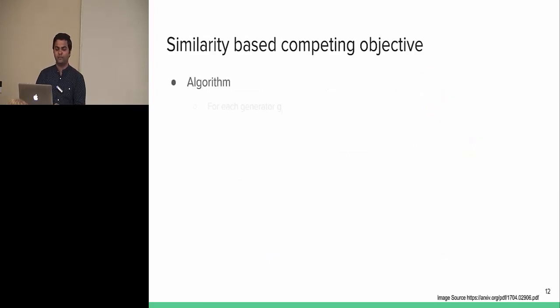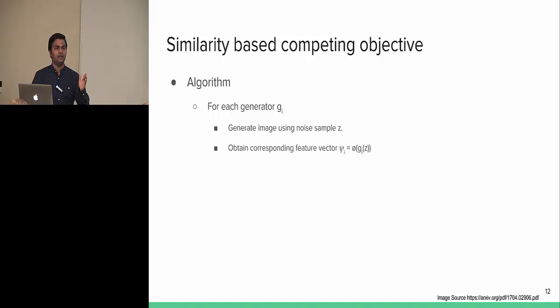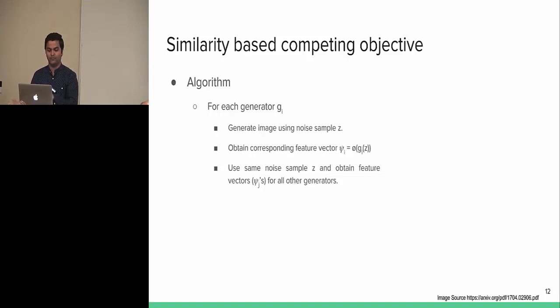So the algorithm that they follow is that for every generator Gi, they sample noise, pass it to the generator, and generate the image. Then for that image, they calculate the corresponding feature vector. Now pass the same sampled noise to all the other generators and extract these features for those images. Now you compute the similarity between feature I and all the feature J's.